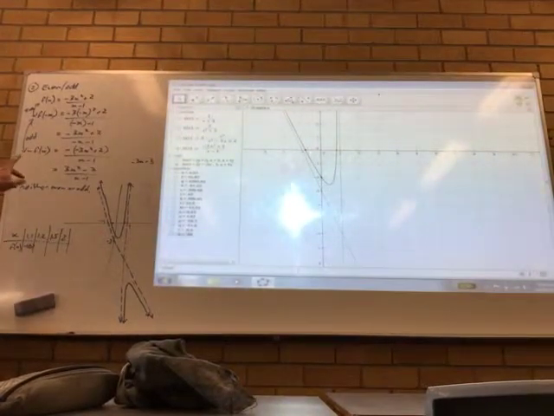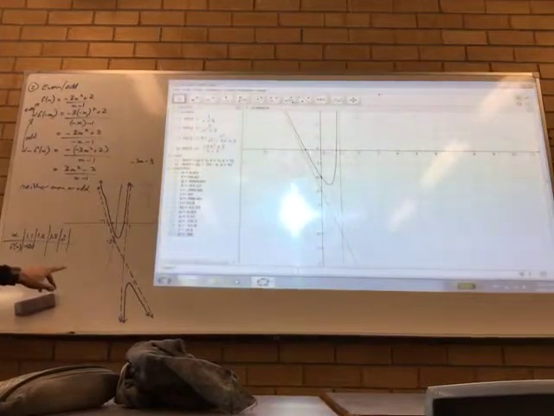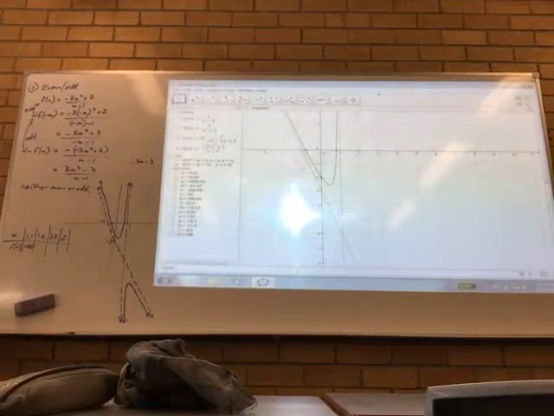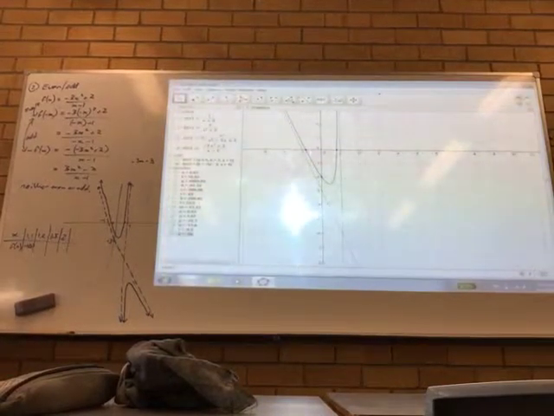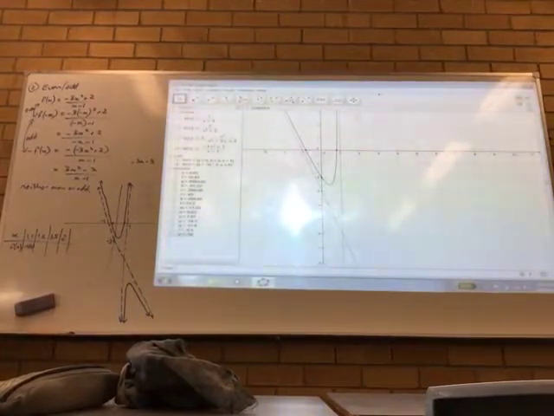Remember, your marks are coming from your working more than the actual graph itself. So you can go through the process: find your intercept, find whether it's even or odd, find your asymptote, get that information, and from that determine your domain and range.